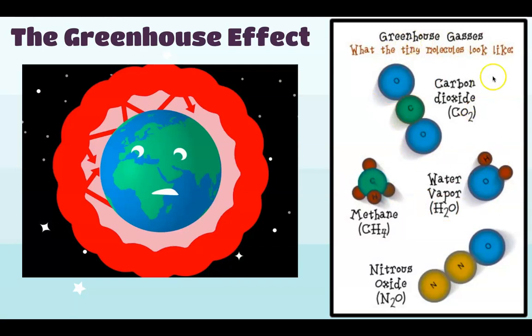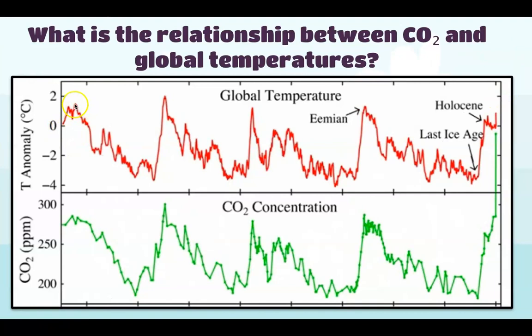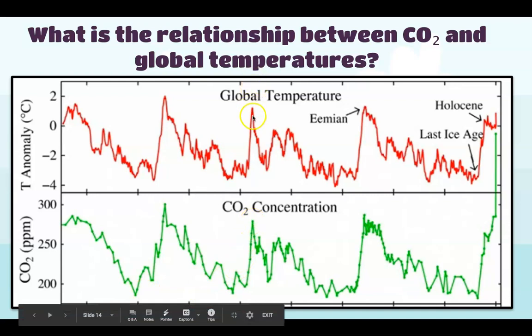So let's look at how carbon dioxide has risen and fallen over the past 800,000 years. When temperatures are high, what do we notice about carbon dioxide? They're high as well. When temperatures are low, carbon dioxide's low. Temperatures high, carbon dioxide high. Temperatures low, carbon dioxide low.